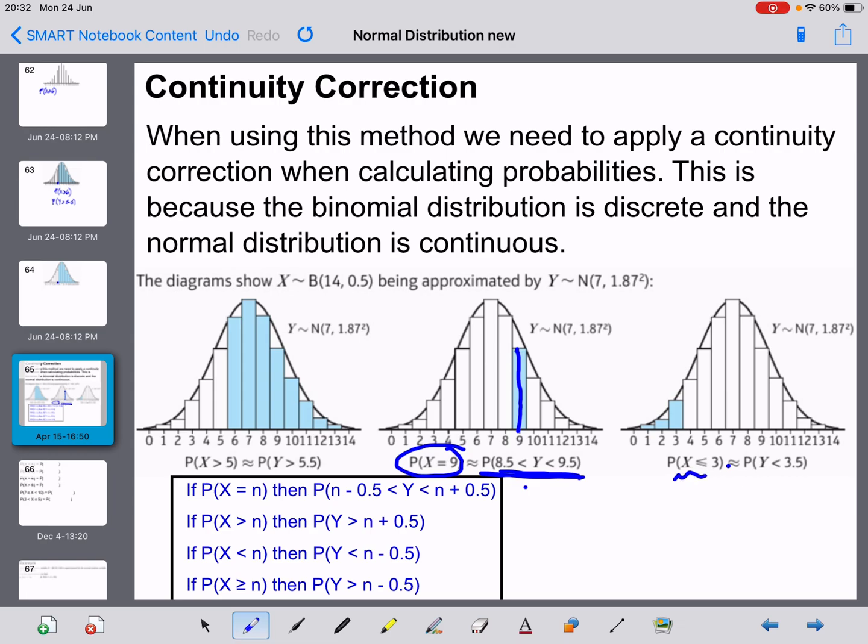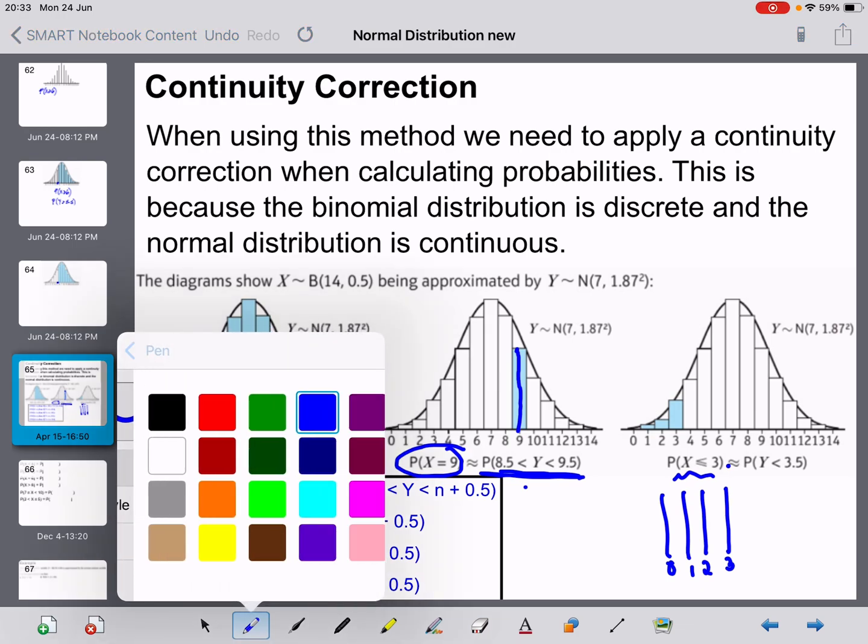Okay, it's often easier if you draw some sticks. X is less than or equal to 3. Well, if I draw a stick at 3 and another stick at 2 and another stick at 1 and another stick at 0, that's what binomial is saying.